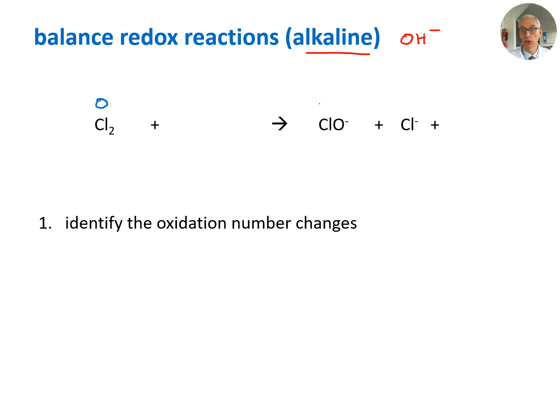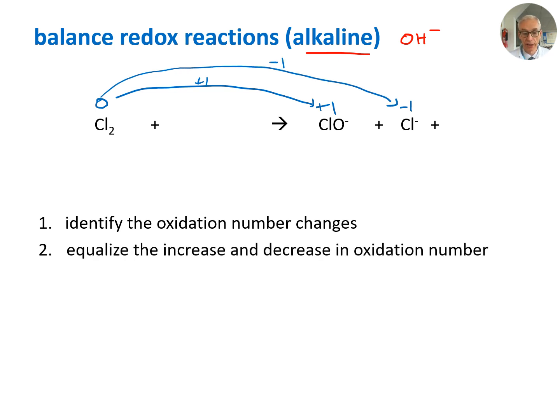So 0 to +1 and to -1. So we're going +1 and we're going -1. And you will see that, as written, the oxidation number increase and decrease cancel out. So we don't need to put any balancing due to changes in oxidation number.